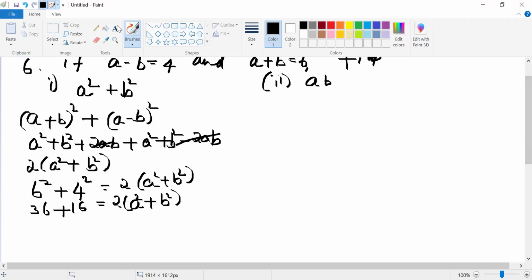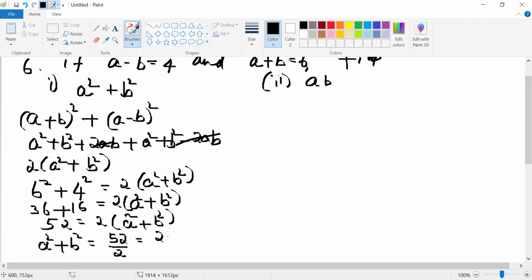So 36 plus 16 is 52, equal to 2 into A square plus B square. So what will be A square plus B square? 52 by 2, which is equal to 26. So A square plus B square, the answer is 26.